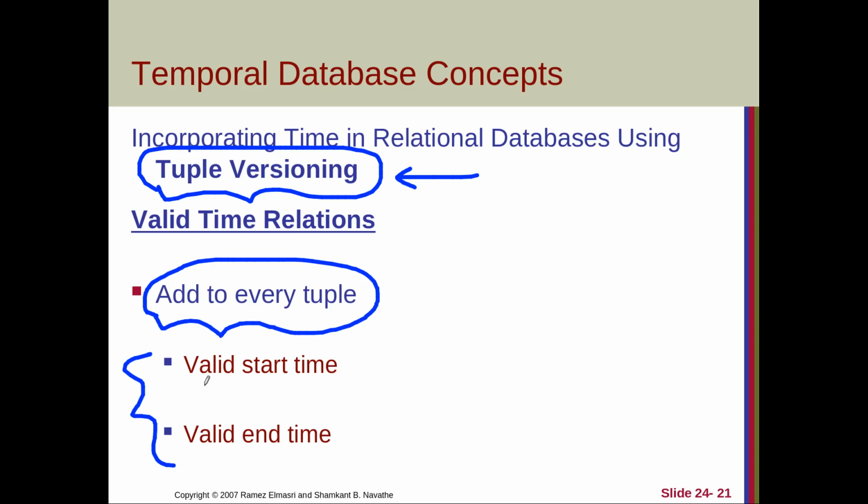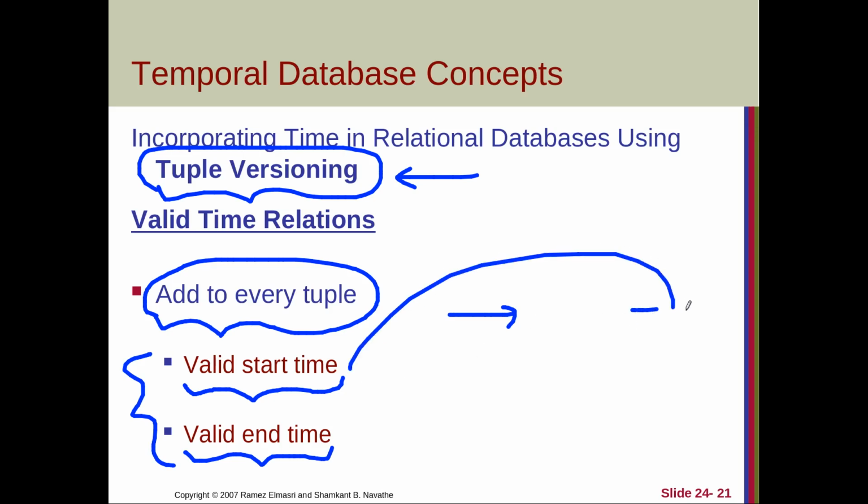One attribute that is being added is the valid start time, and the second one is the valid end time. So we are maintaining a version of a tuple. We have some rows available. For each row we will have one more attribute for representing valid start time, then one more attribute for representing valid end time. We will see that in detail on the next slide.